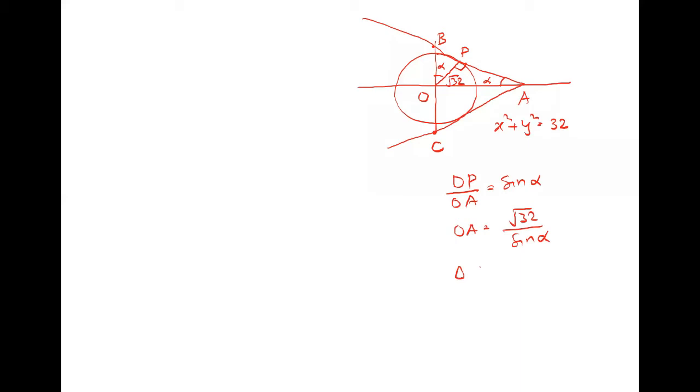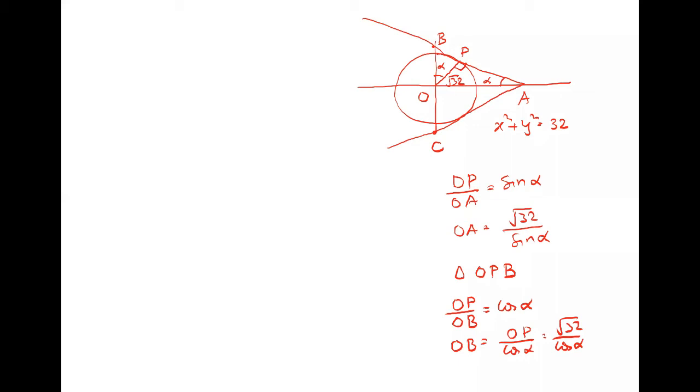In triangle OPB, OP by OB is equal to cos alpha. So OB is nothing but OP by cos alpha, which is equal to root 32 by cos alpha.